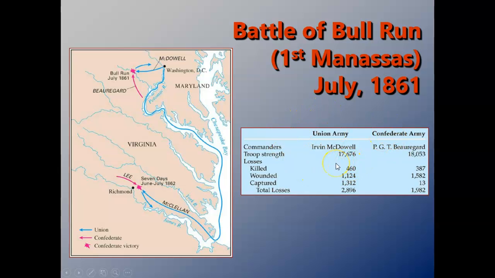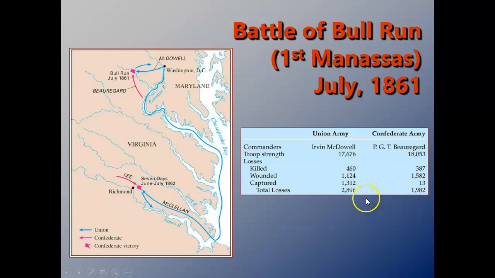Notice what happens here. McDowell had about 17,500 men. Beauregard had roughly the same, a little bit more at 18,000. But between the two, we had over 800 people killed and almost 2,600 wounded.